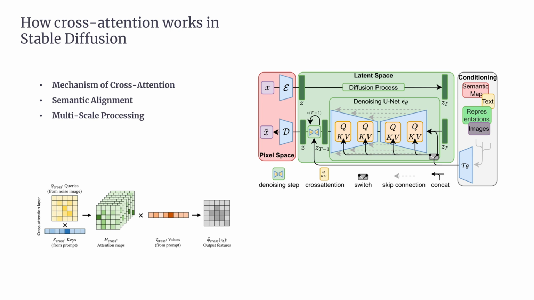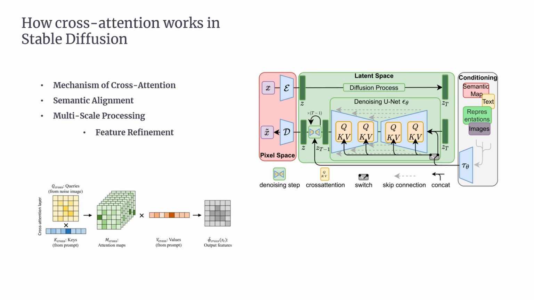Cross-attention doesn't just happen at one level of the image. It is applied at multiple scales. 1. Feature refinement. As the model generates the image, the cross-attention map helps refine the image features by incorporating textual information. This ensures that the image becomes more aligned with the input prompt as it's being generated. 2.